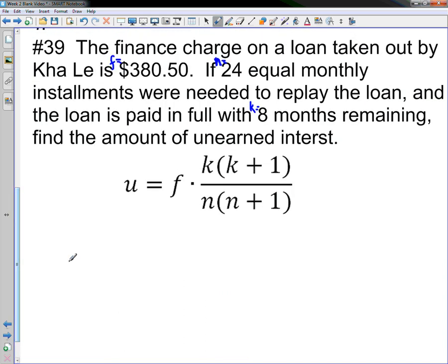Okay, so I have U equals, the F is $380.50. So 380.50 times, I'm going to have a fraction here. K is 8. So we have 8 times 8 plus 1.